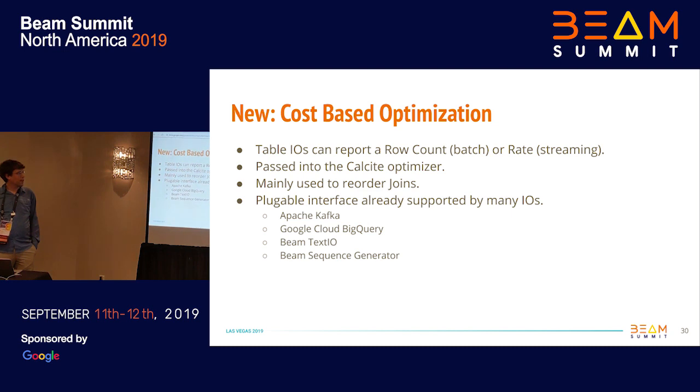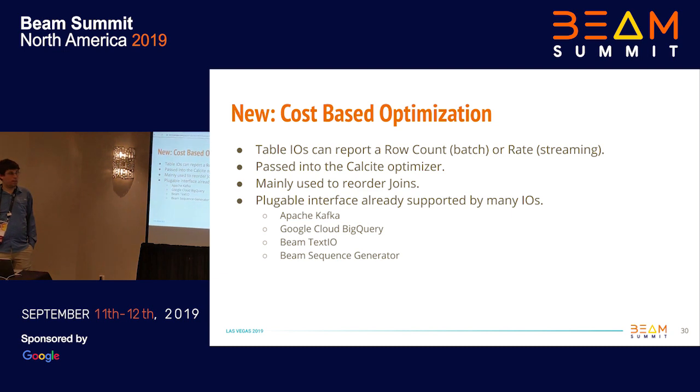The other thing that we just added, this was an intern project at Google, really cool, is cost-based optimization. So your data sources can indicate to SQL that they have either a row count for batch. So if you're selecting from BigQuery, we can tell you how many results are going to come out of that table and feed that into the optimizer.